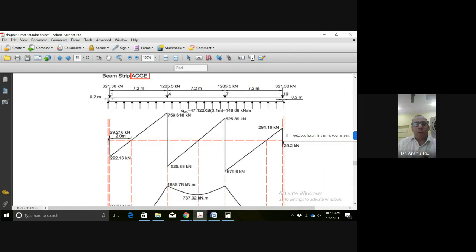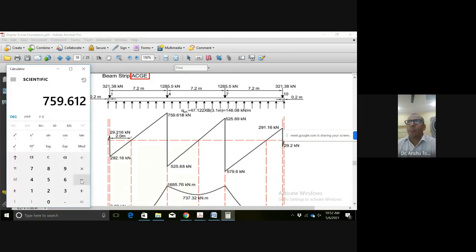Now when we shift exactly onto the right hand side of this point load, again it is acting downward, so it will be minus. So we will subtract 1285.5. Minus 1285.5 is equal to minus 525.888.